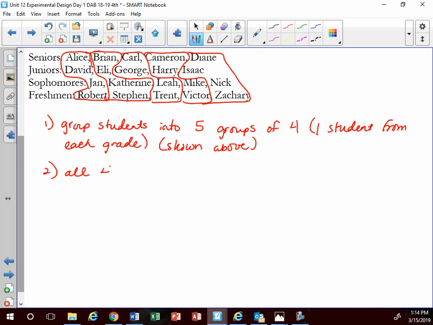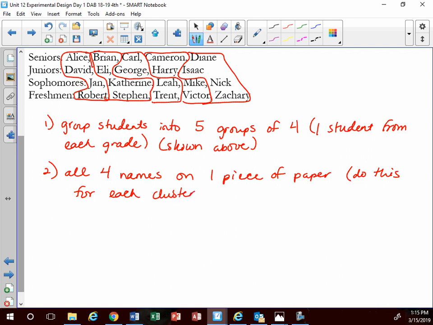So all 4 names on 1 piece of paper. Say something like, do this for each group or cluster, if you wanted to call it that. And then make a note like, okay, so I have 5 pieces of paper, right?